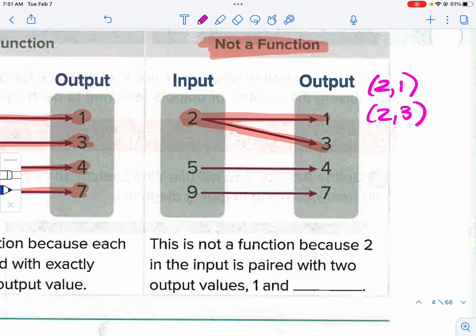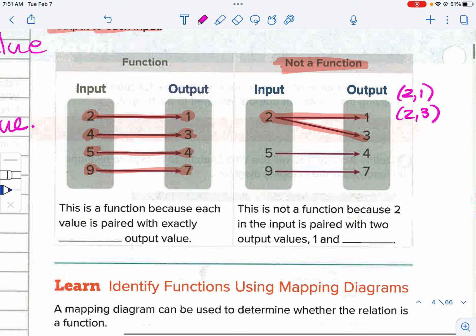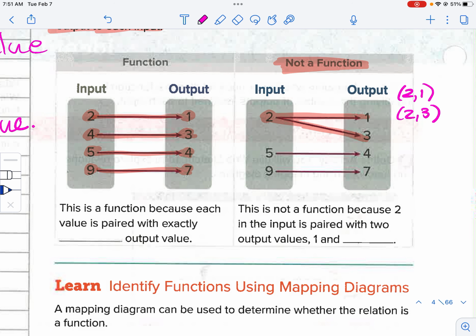It's going to 2 different places. This is a function because the value is paired with exactly one output. This is not a function because 2 in the input is paired with 2 outputs, 1 and 3.